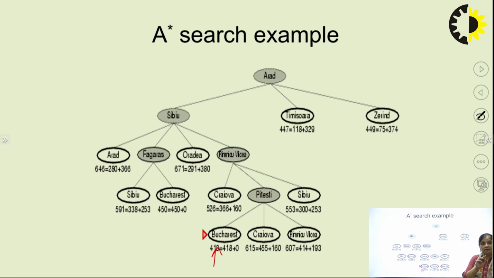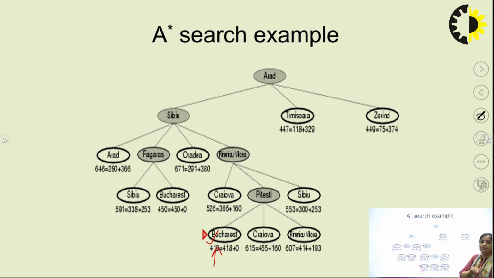It is the minimum one as well as the goal node. So it will be taken and it will be the terminating criterion because it is fulfilling the goal test. So this is Bucharest. We have reached. This is the path that we have covered. So this is our A star algorithm.